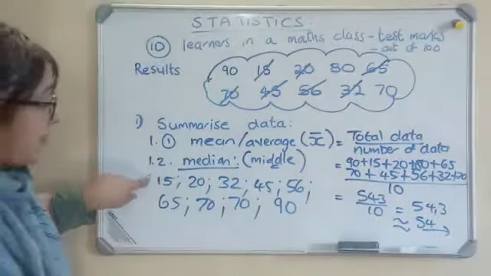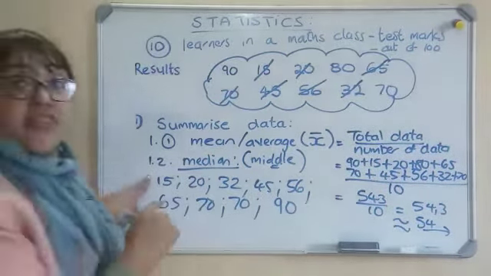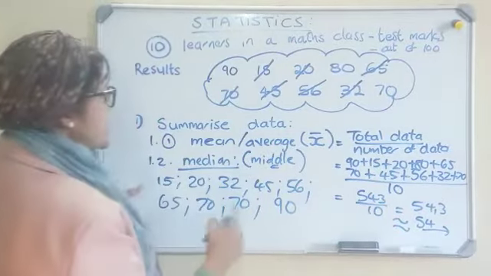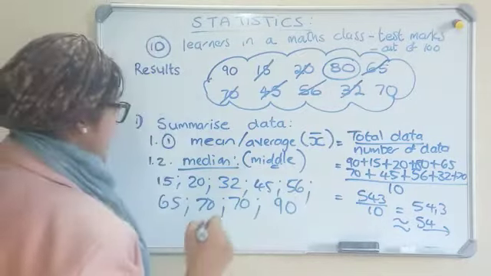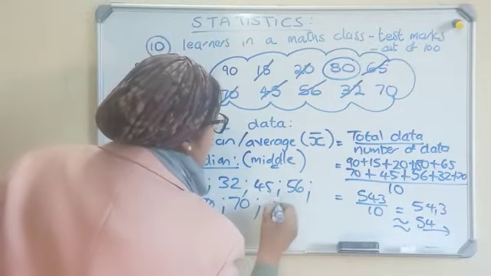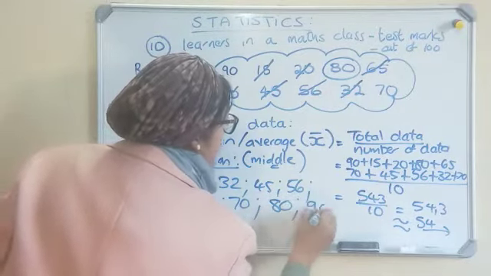Now from here I've arranged it from the lowest to the highest. Oh, sorry, we missed one here, which is 80. Right, so I'm just going to erase this out, 80, and that's 90.